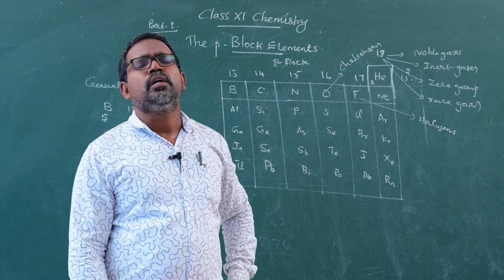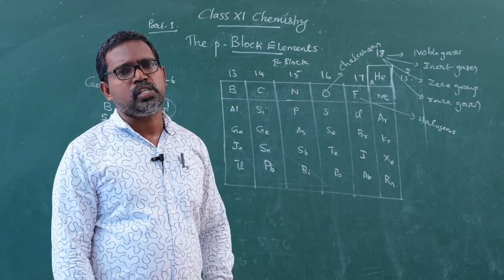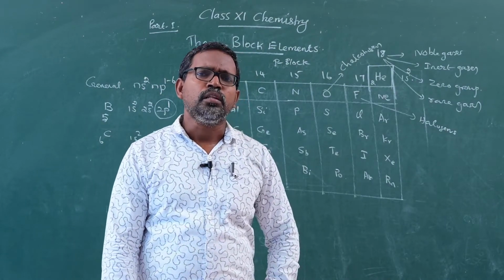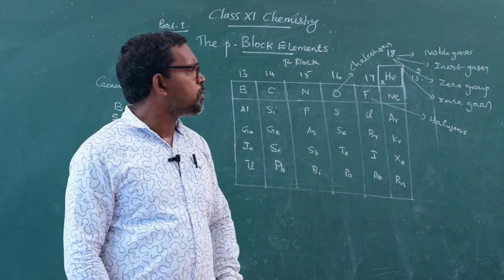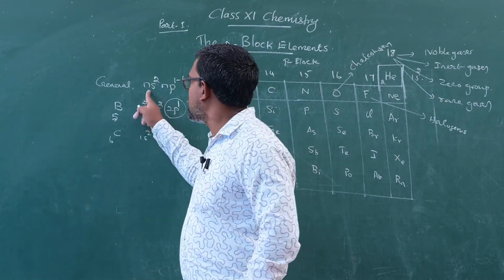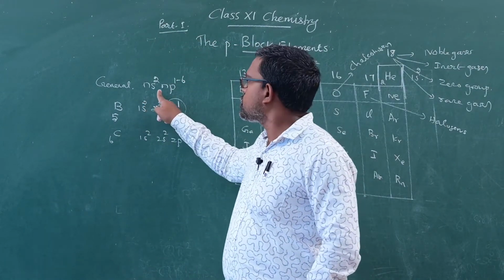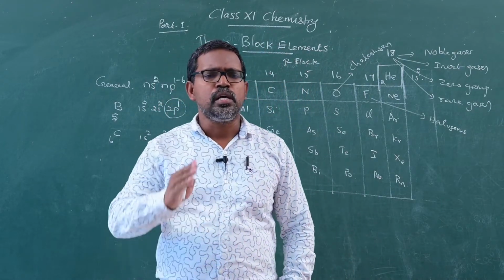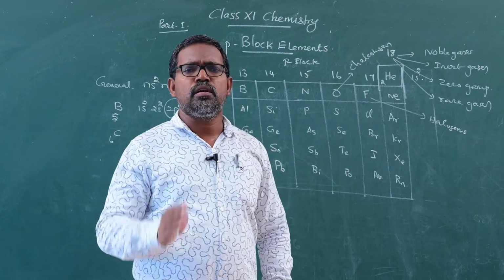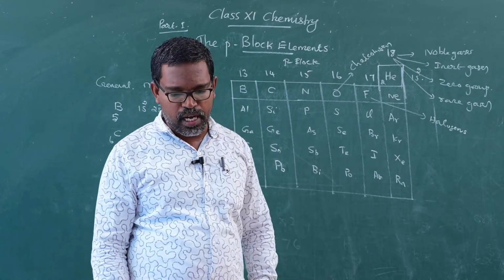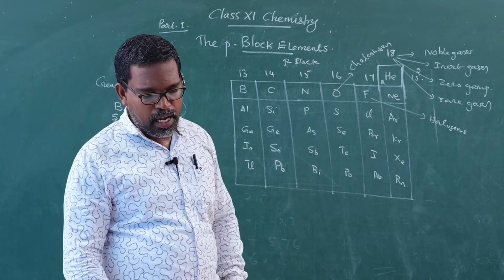Now the general characteristic properties. The first one is oxidation state. Look at the general electronic configuration ns2 np1 to 6. The oxidation state always depends upon the number of electrons present in the valence shell of the atoms.